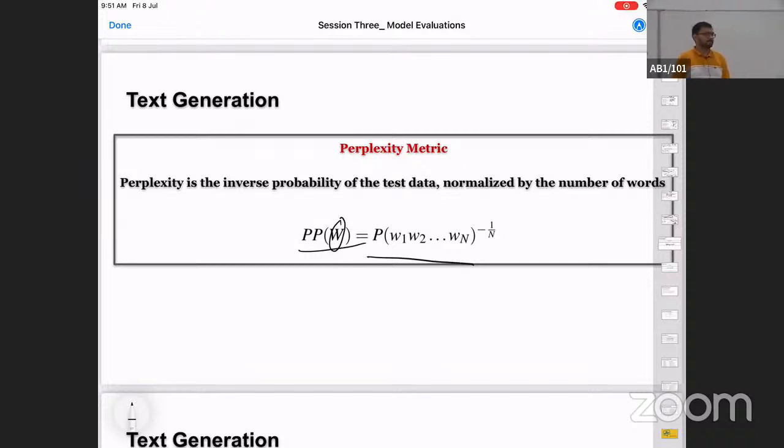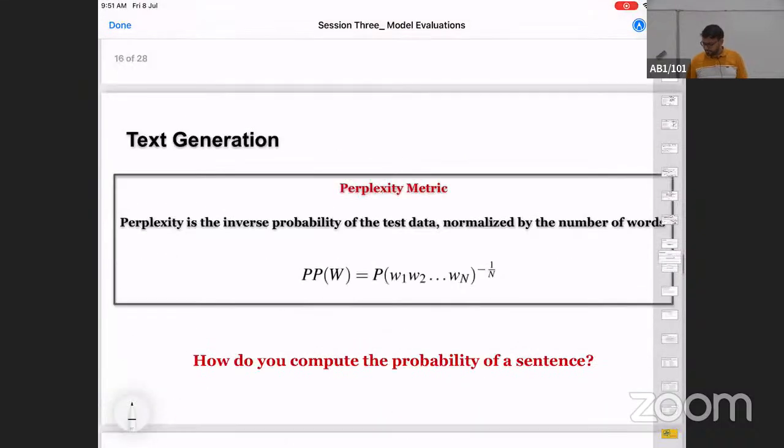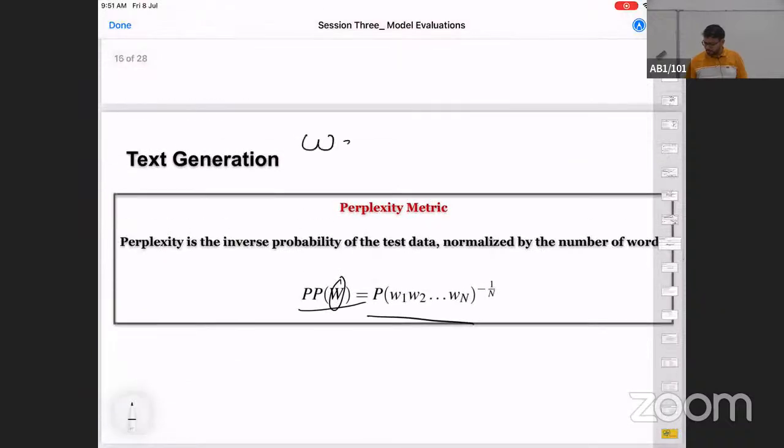W is composed of words like W1, W2 till Wn. And the perplexity of that sentence is the inverse of the probability of that sentence. Let me define it like this.